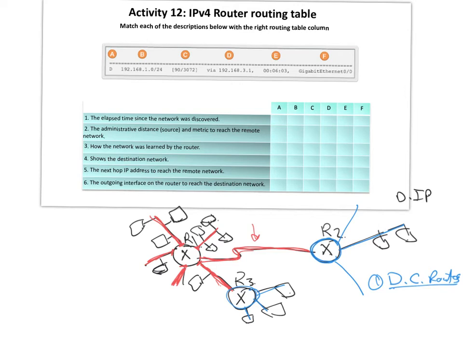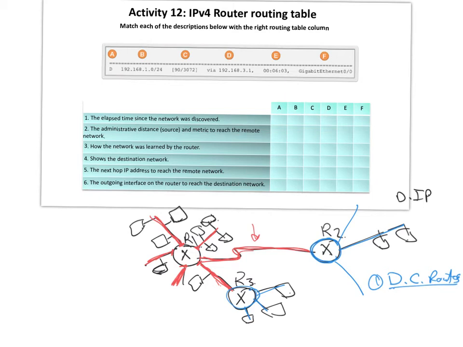Each interface knows from the physical layer that this is Ethernet, this is PPP, this is Wi-Fi. So all the red routes will by default be learned by router 1. Router 1 doesn't need anything other than activating these interfaces to know the directly connected routes.